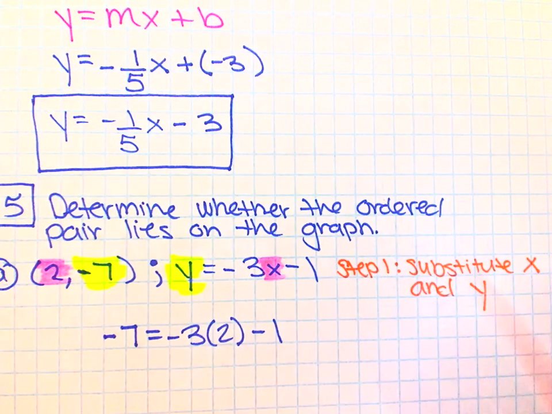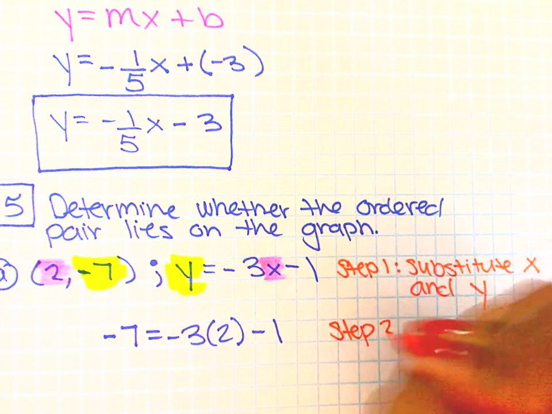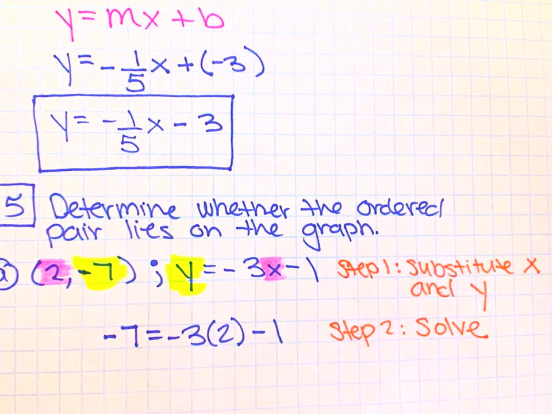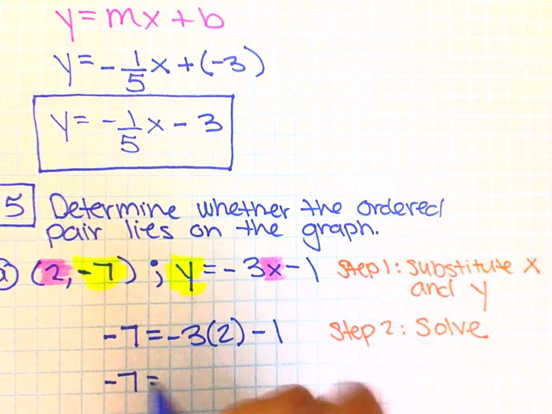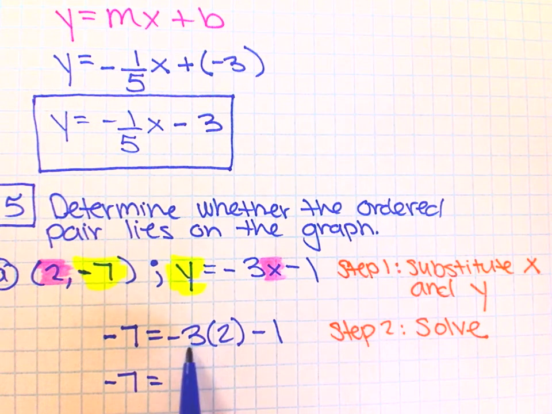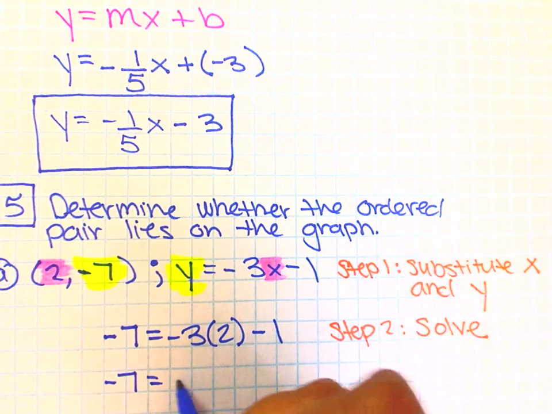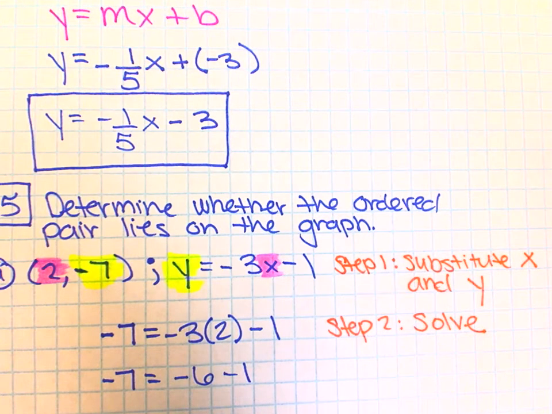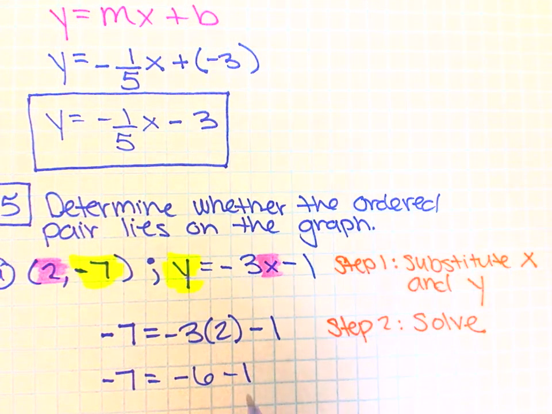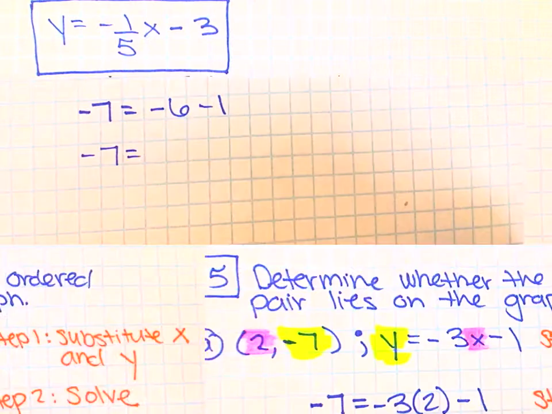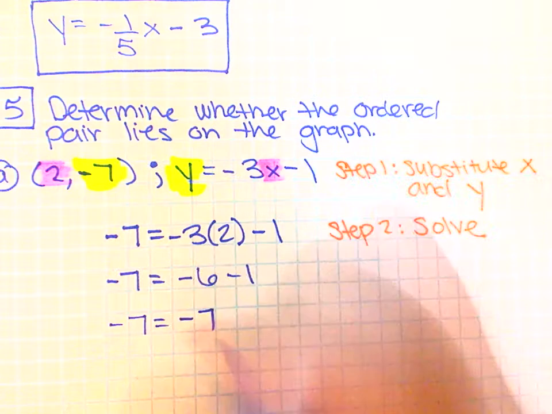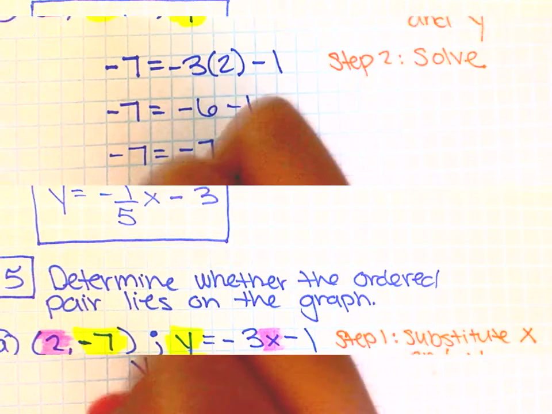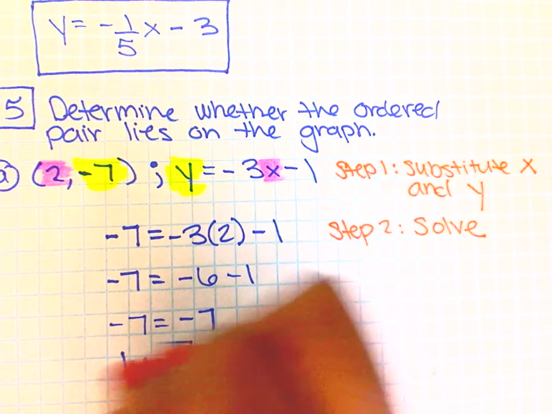Now, step 2, which is very simple, is to solve. Okay, here's negative 7. I'm going to solve on this side. Negative 3 times 2 is a negative 6 minus 1. Negative 7 equals negative 6 minus 1. Same signs, add and keep the sign. Negative 7. Does negative 7 equal negative 7? Yes. So that means that the point lies on the graph.